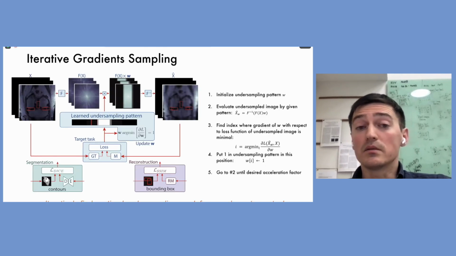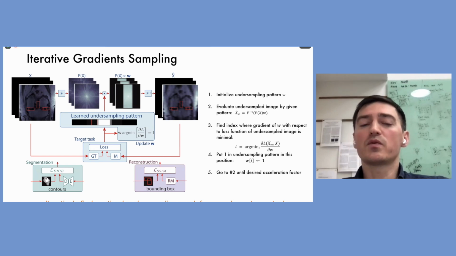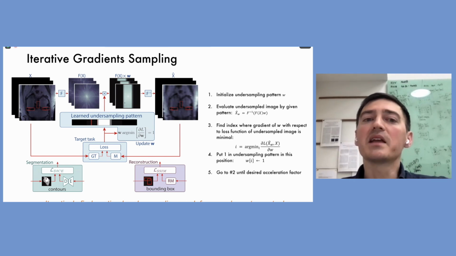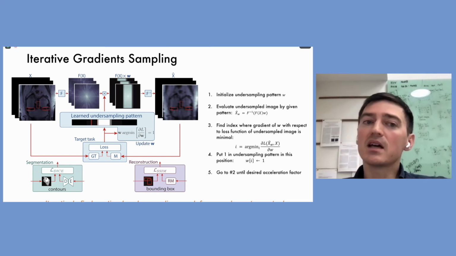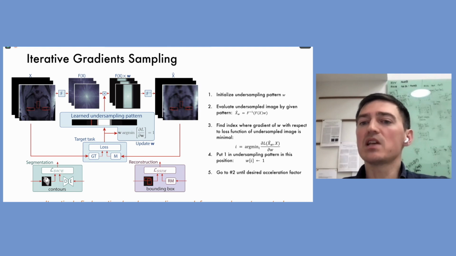Okay, so the way we do that is, again, iteratively: you take a blank k-space, and then you essentially take an image, take the inverse Fourier transform, multiply by that blank mask of coefficients, do the inverse Fourier transform, and then keep improving this mask, solving this optimization task using the gradient of the loss.